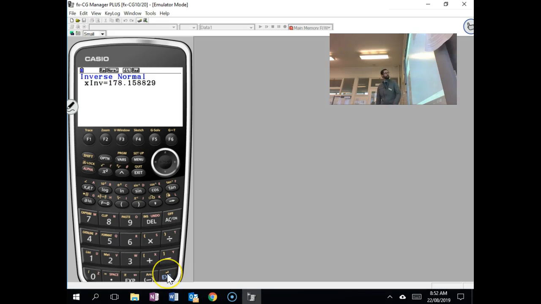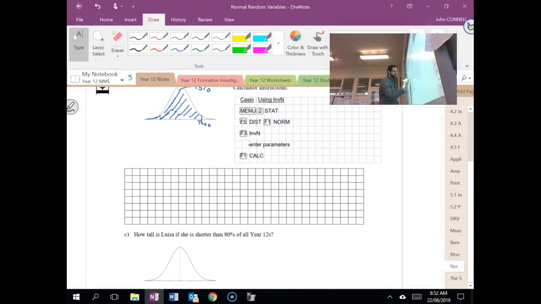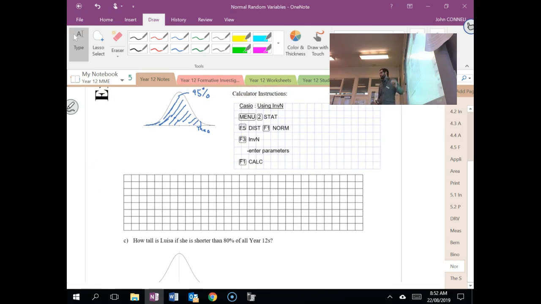So, we enter those values and hit enter. It tells us that Theo was 178.16, rounding to 2 decimal places. Before I just write what his height is, it's good to give a little bit of information around what I'm doing. As before, I can't write what I put into the calculator.